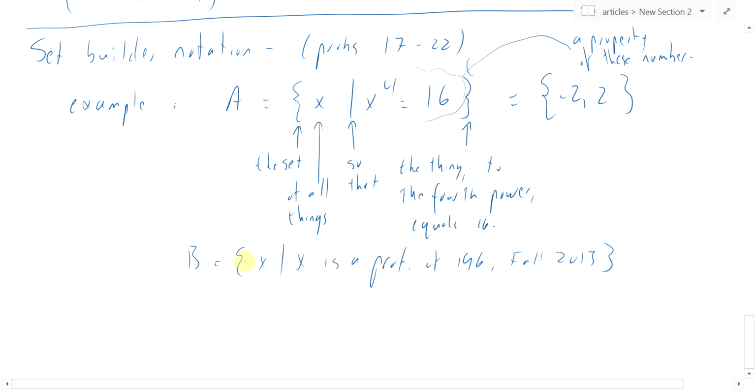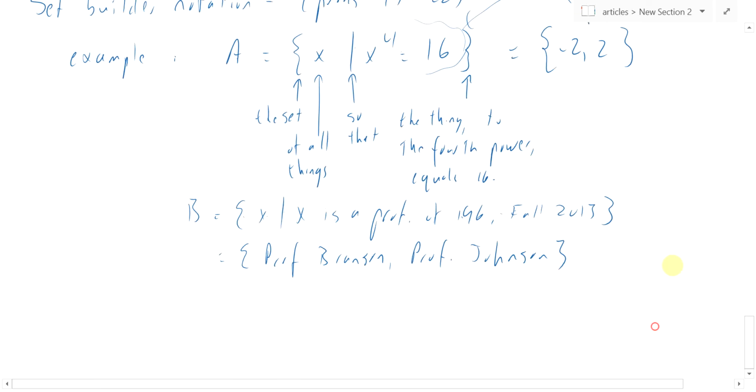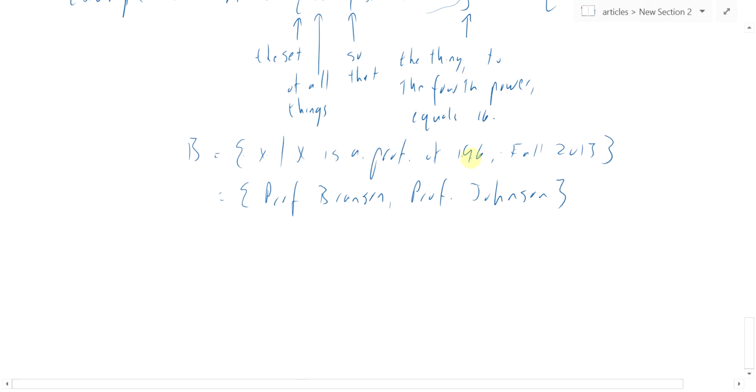Right? B is the set of all things so that whatever that thing is, they're teaching Math 196 in fall of 2013. And so this is me and Professor Johnson, who's teaching the other sections of 196 this fall. Okay. So this is a property that we both share. We're professors of 196, fall 2013. So you can write things by talking about their properties or by listing them.